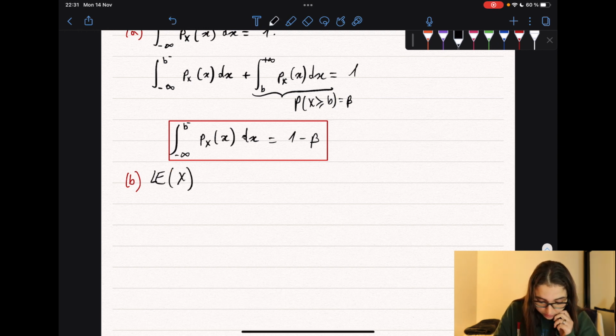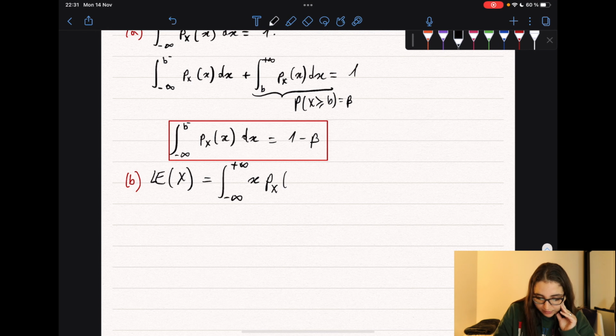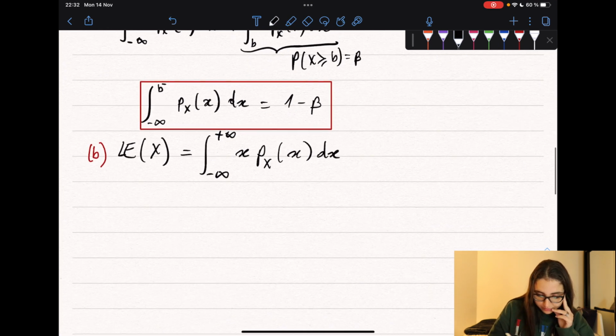So the mean, the expectation value, is written as follows: the integral over the whole of R of x times the probability density function, and this is the definition, and this is equal to 0.